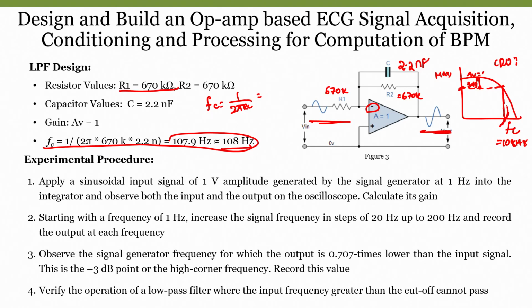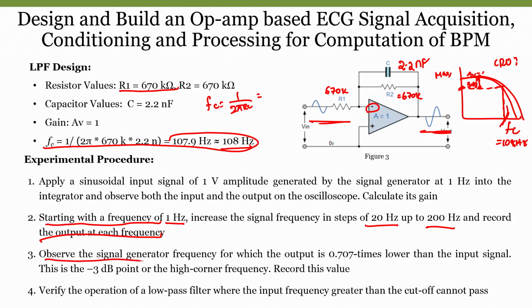To give the frequency domain visualization, in a simulation I will show you the AC response as well as the DC response, and we can see the complete frequency domain values too. This is how the connection should look, and we will use a function generator to sweep from 1 hertz to around 200 hertz in steps of 20 hertz, and record the output at each frequency.